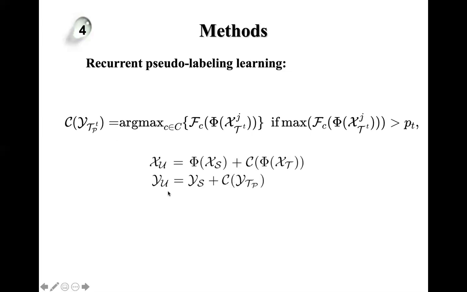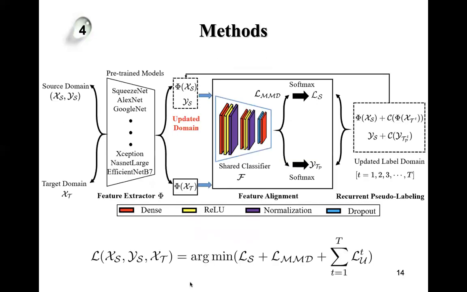And then we form this new updated domain, XU and YU here, which consists of the original source domain and the high confident target domain, so that we can further reduce the source domain cross entropy loss and MMD loss in this recurrent pseudo labeling learning. And here is the overall objective function in our model.